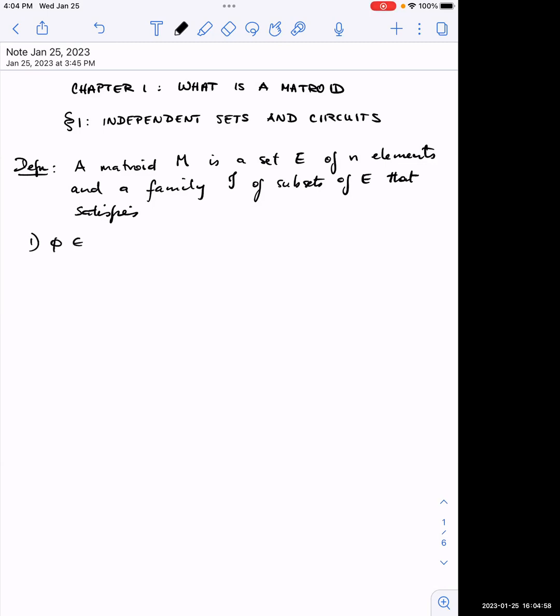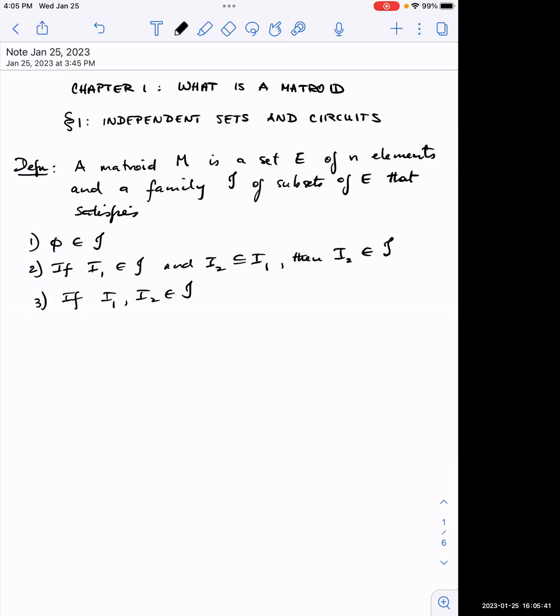One, the empty set is in this special family script I. Two, if I1 is in I and I2 is a subset of I1, then I2 is in I. And three, if I1 and I2 are both in I, and very soon I is going to be called independent sets, and it will make sense for that symbol script I. But right now it's just a collection of subsets.